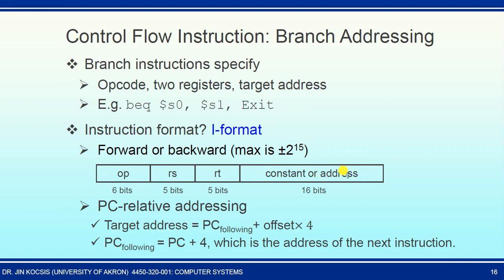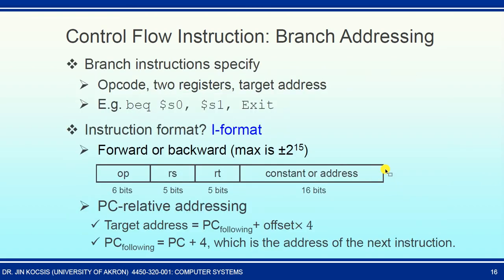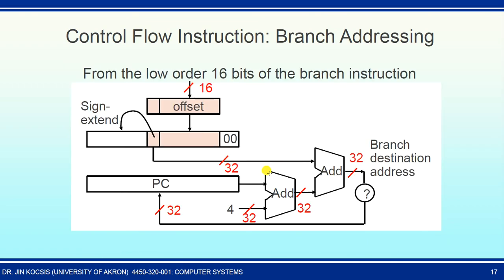So what is the implementation? The implementation is to append two zeros at the end. In other words, hardware-wise, I take this segment, extend two zeros at the end, and then do some extension in the front, which is shown here. I take the immediate field, add two zeros at the end, and do sign extension.